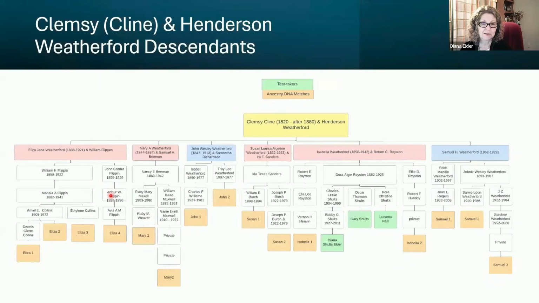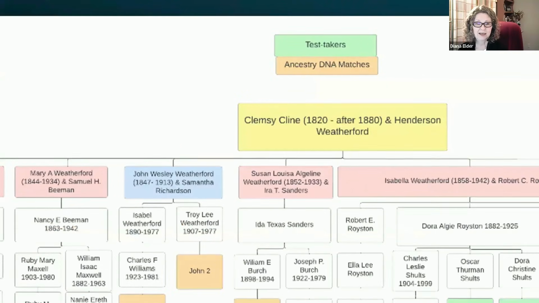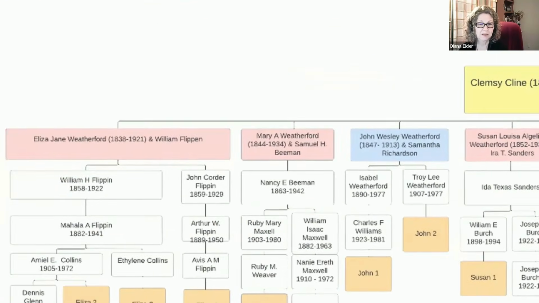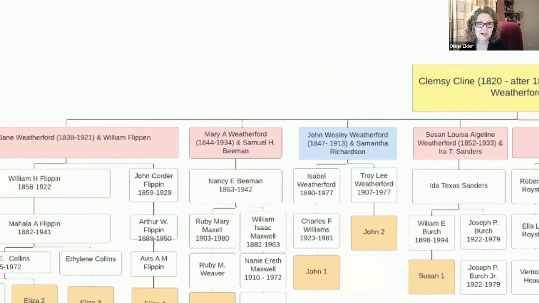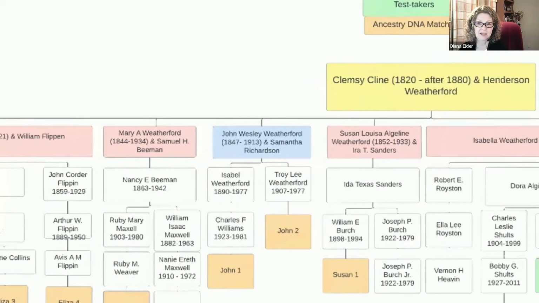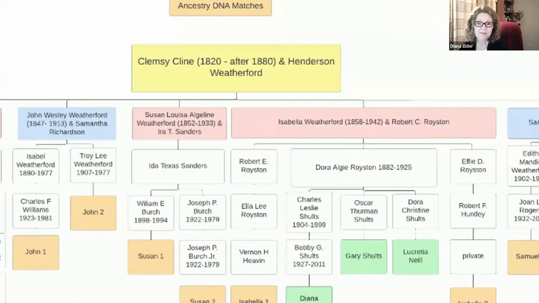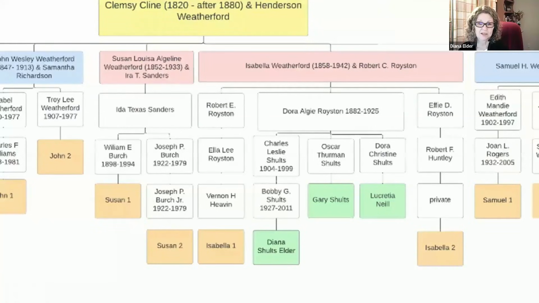The first step with the DNA project is you want to just make sure you're genetically connected to your ancestor. And so here I've got Clemcy Cline and Henderson Weatherford, and you can see they had a lot of children. All these pink and blue names here are daughters and sons. And my line comes through Isabella, and Gary and Lucretia are also coming down through Isabella and Robert C. Royston.